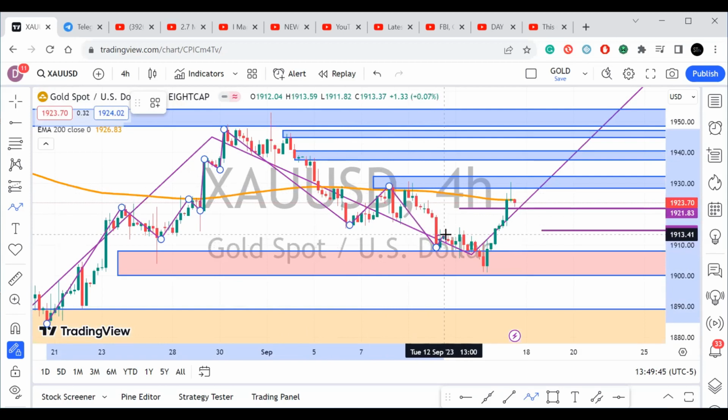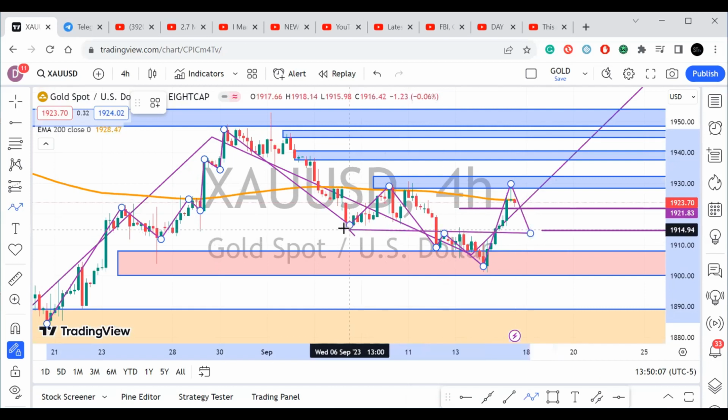This is the last H4 structure here. Then we had this low. So now this high got broken. Price just broke this high, coming into this next structure. So I want to see how price comes back to retest this high, coming into this zone.